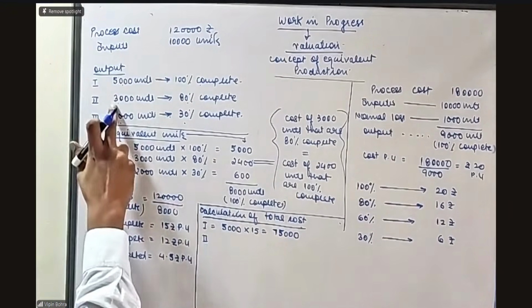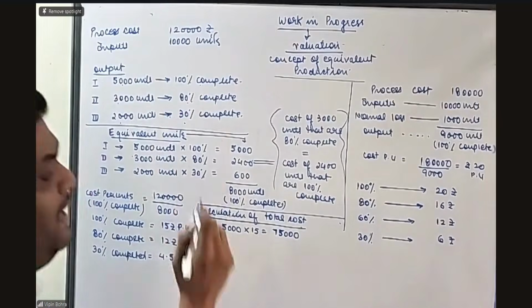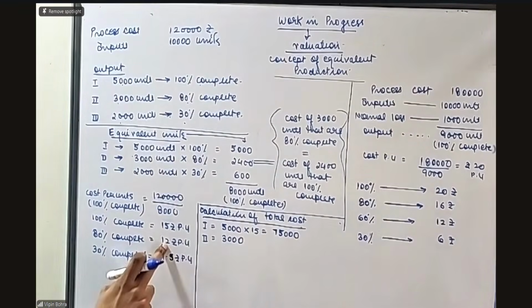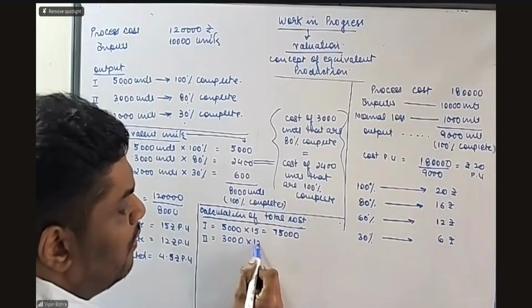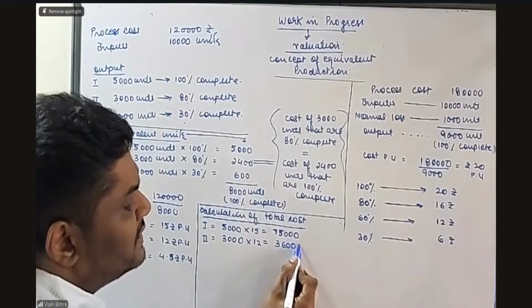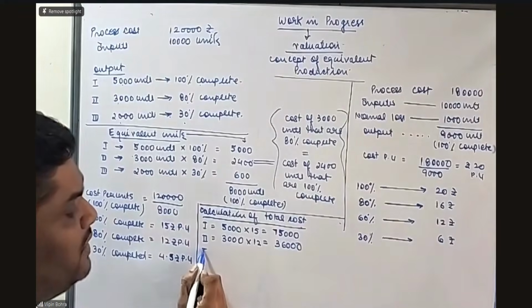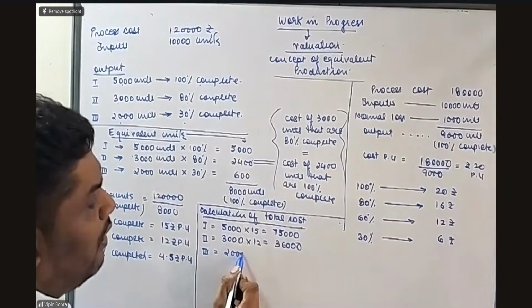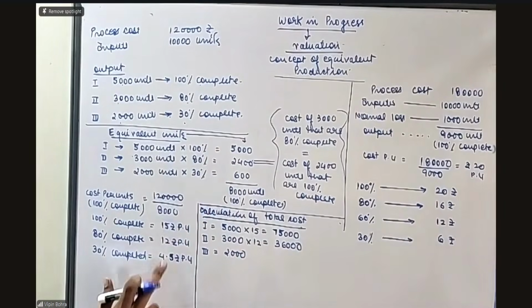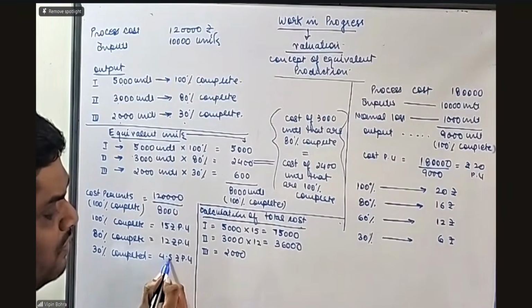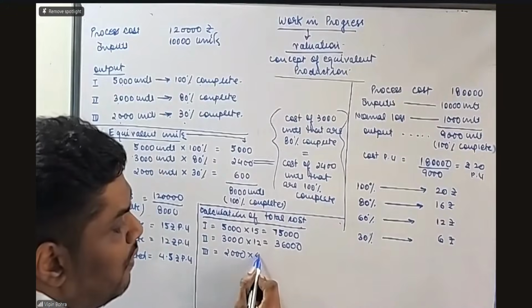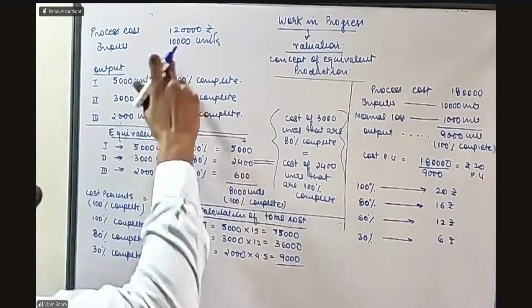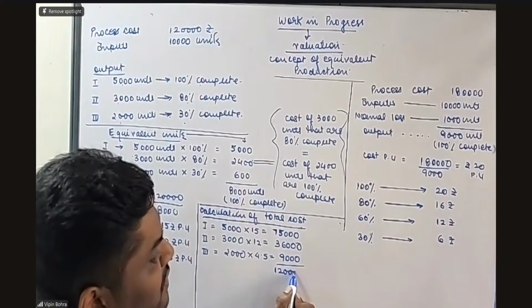Second category, 3,000 units were 80% complete. The cost of 80% completed units is 12 rupees. So that will be 36,000. Third category, 2,000 units were 30% complete, and the cost of 30% completed units is 4.5. So this is how this total cost of 1,20,000 will be distributed.